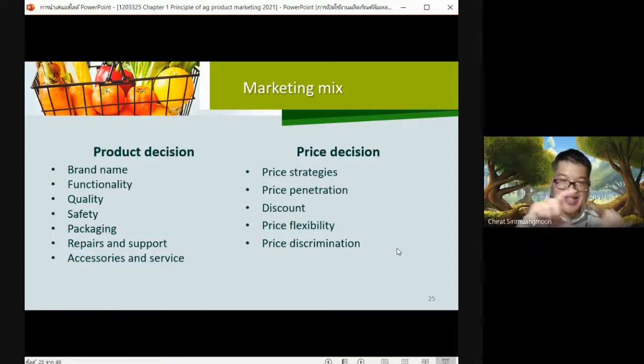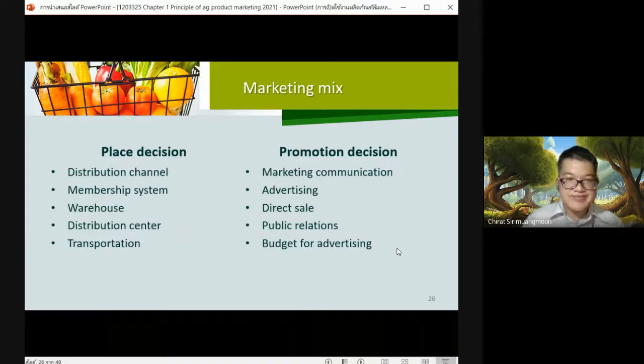They set a label tag with a reduced price, but the product is still consumable. Price discrimination is when the price of the same product in a supermarket and in a fresh market might not be the same.